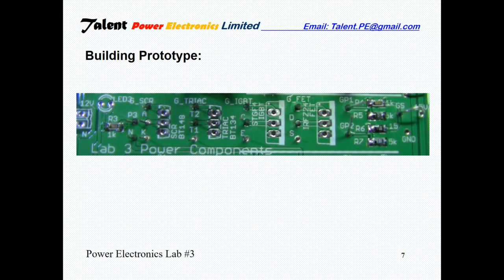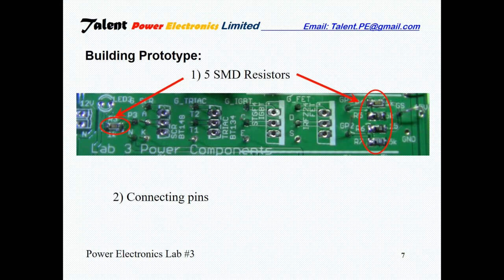Now let's populate the components onto the PCB step by step. First, solder the 5 surface mount resistors, then the connecting pins. For the power path, P3 and N. For the SCR, G SCR, A, and K. For the triac, G triac, T2 and T1.